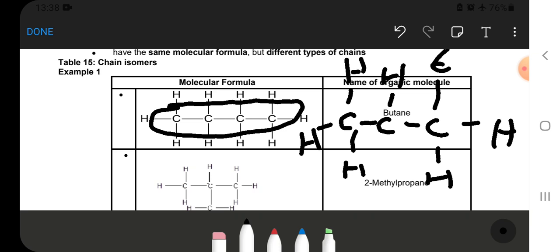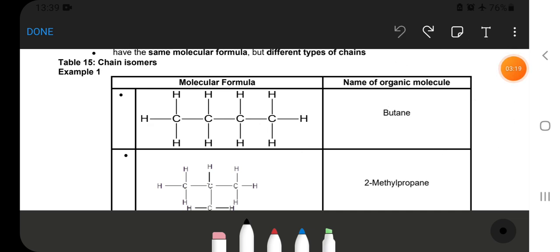So this line of carbons, even if they end, is still a main chain. Please just keep that in mind. When you are given a structure, you should know the main chain.